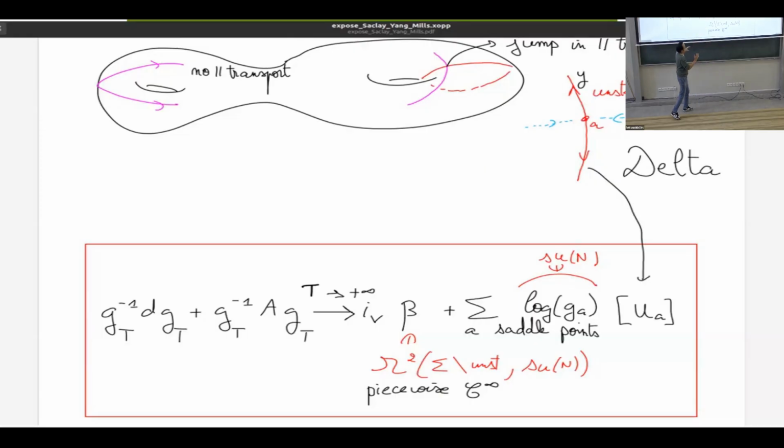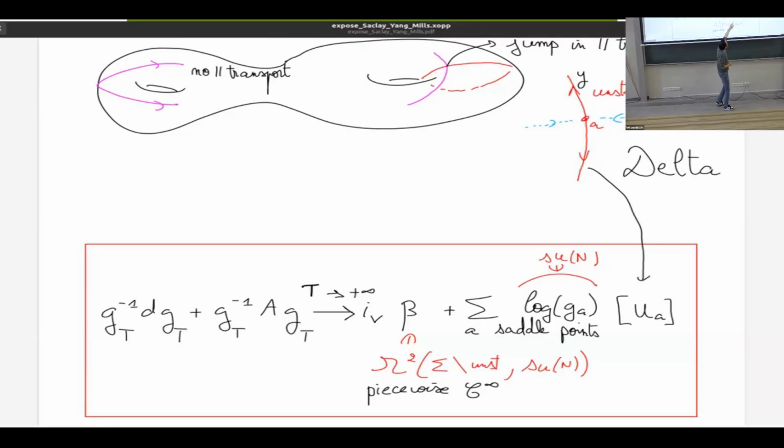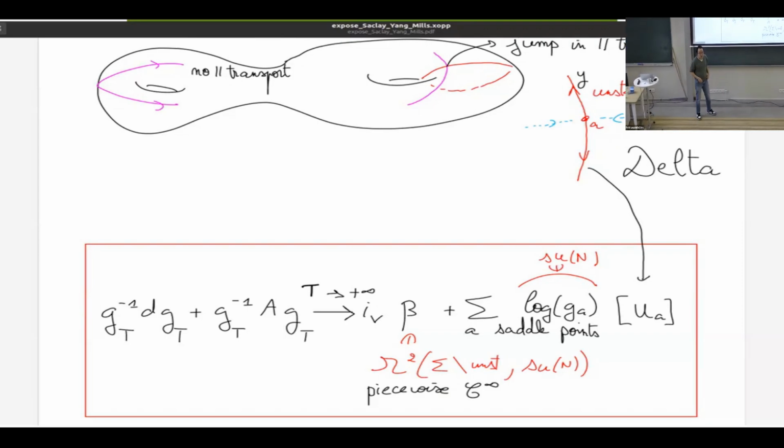And this one form, when you contract it with the vector field, you get 0, so the parallel transport along the integral curves of your flow is trivial, plus a certain sum of Lie algebra elements times some delta currents that are supported on the unstable curve.